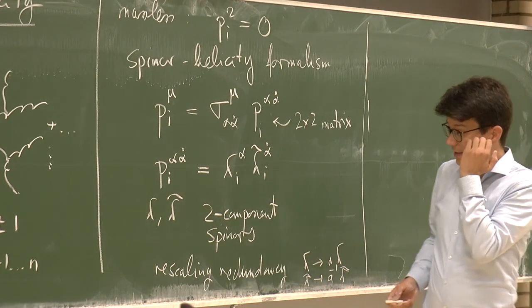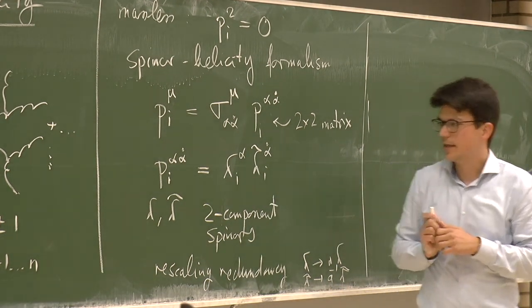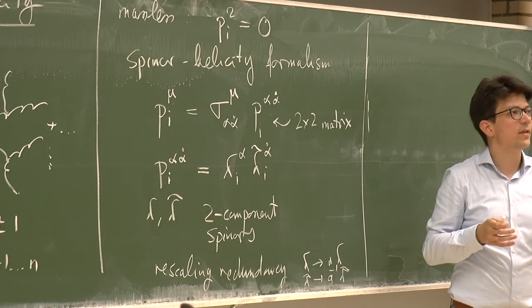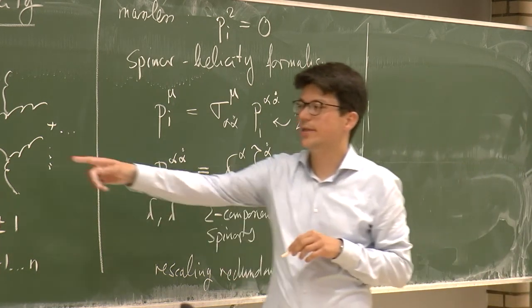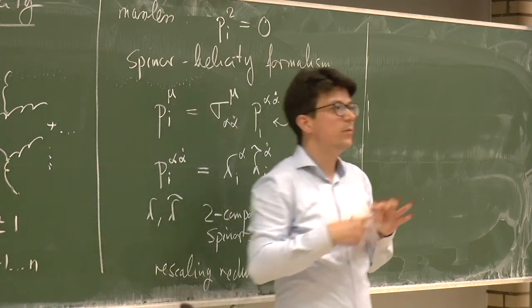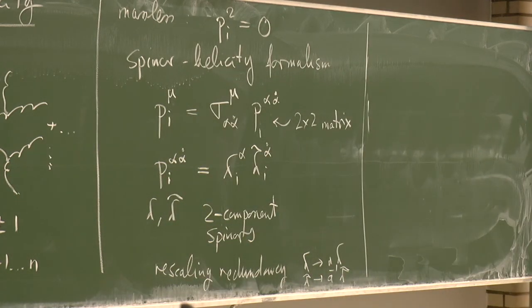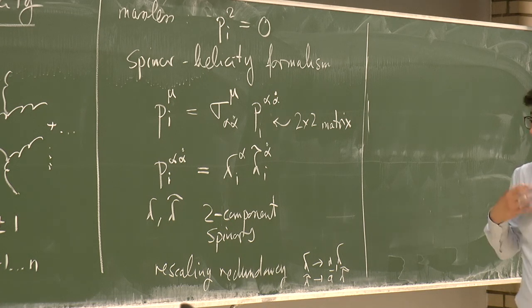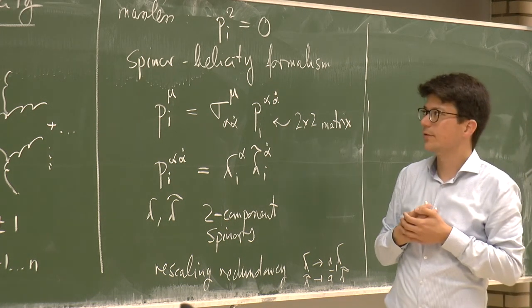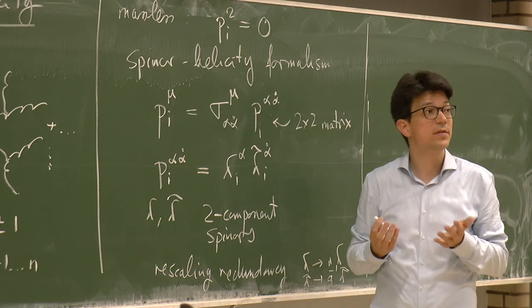So now we have these lambda and lambda tildes. The idea is that any quantity that arises when we evaluate Feynman diagrams such as this one, we rewrite in that notation. So what quantities do we usually have to deal with? Well, we have Lorentz invariants.